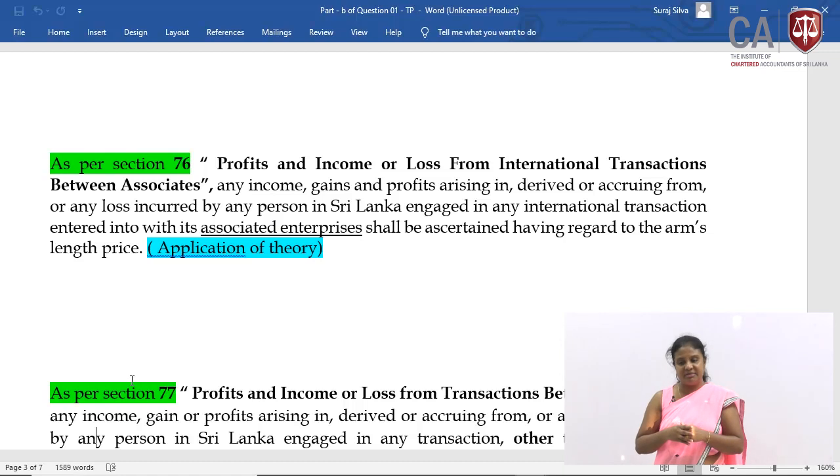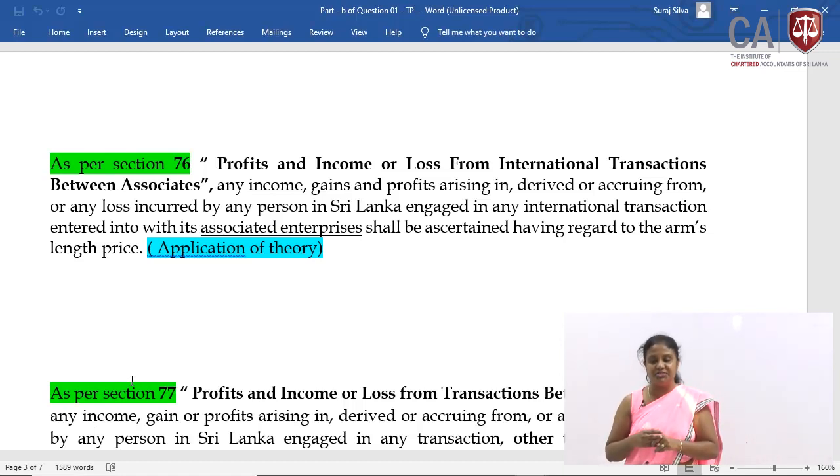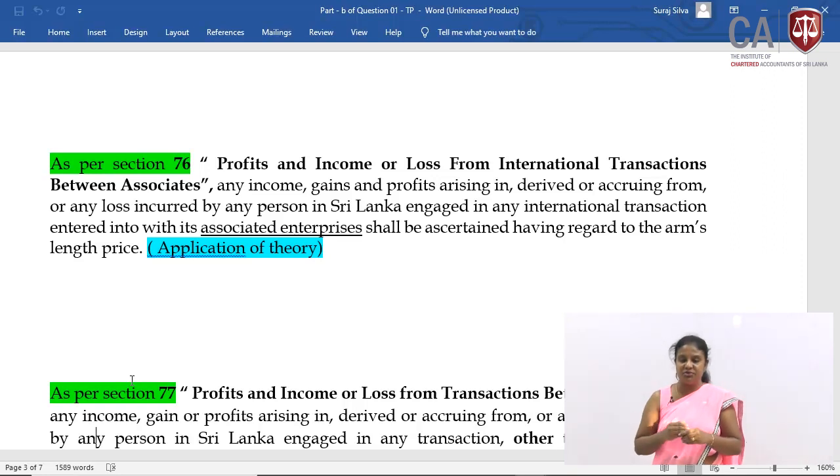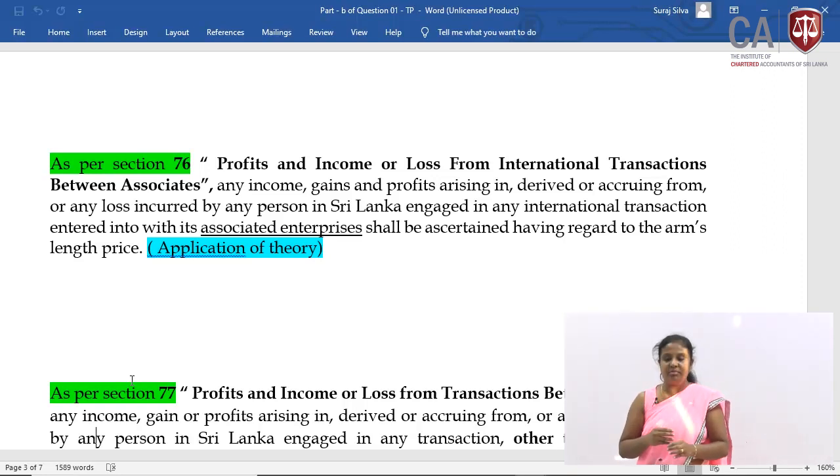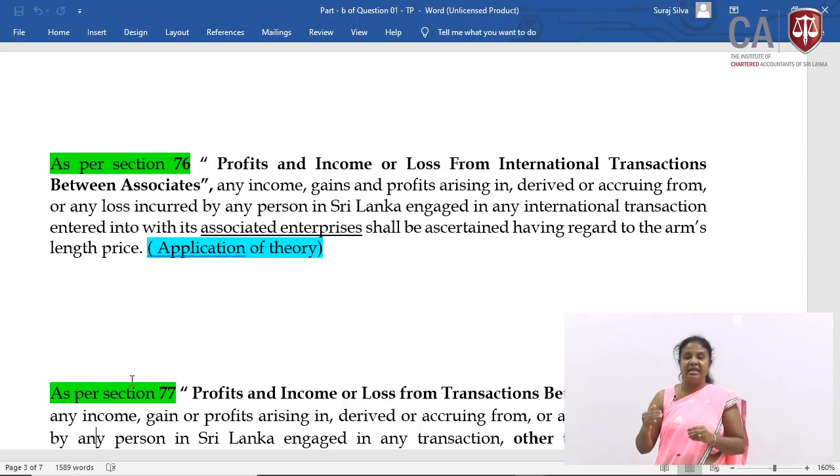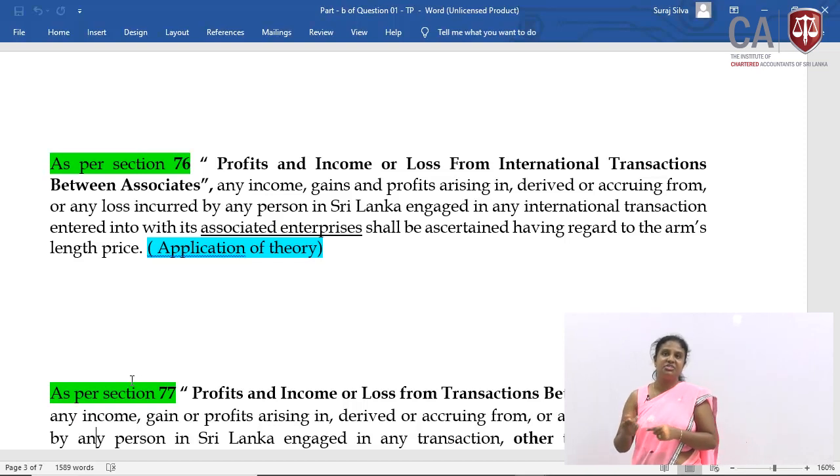As per section 76, profit and income or loss from international transactions between associates: any income, gain and profit arising in, derived or accruing from, or any loss incurred by any person in Sri Lanka, very important, engaged in any what transaction?